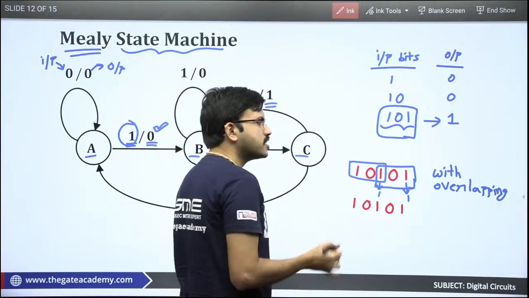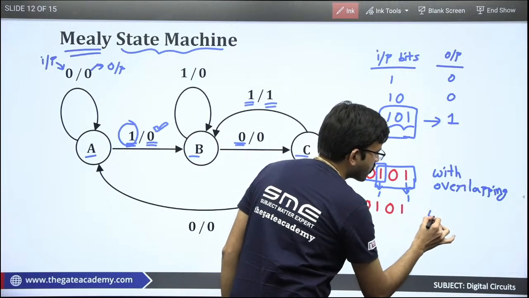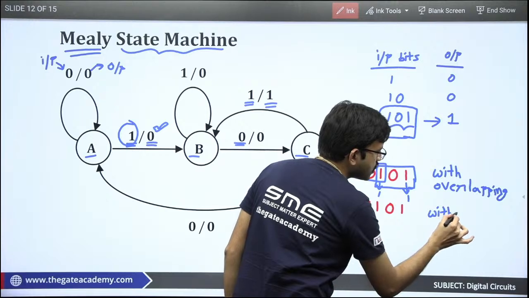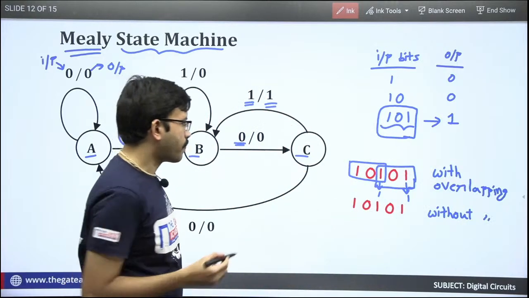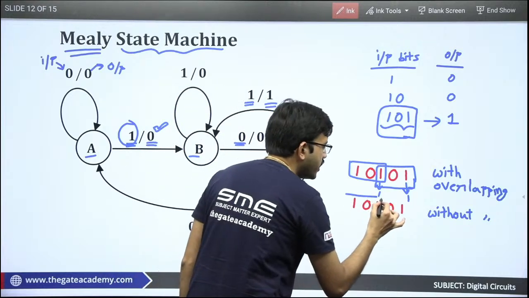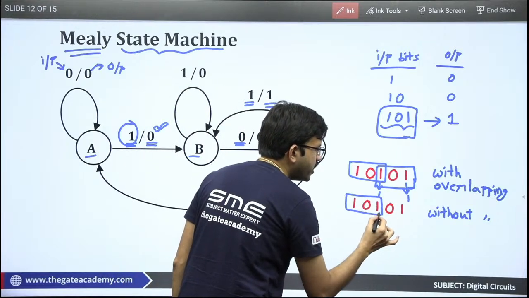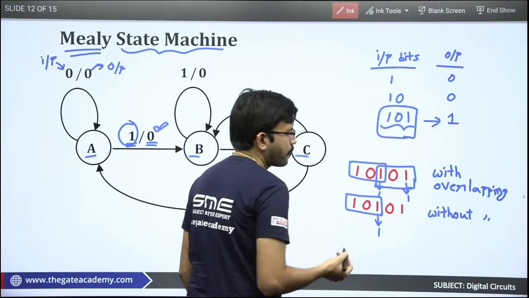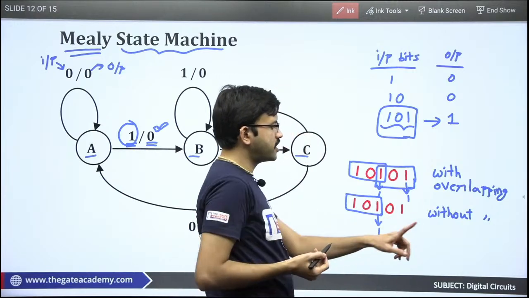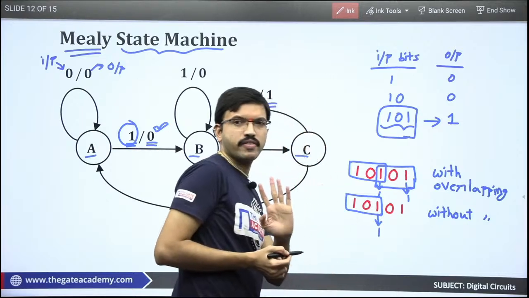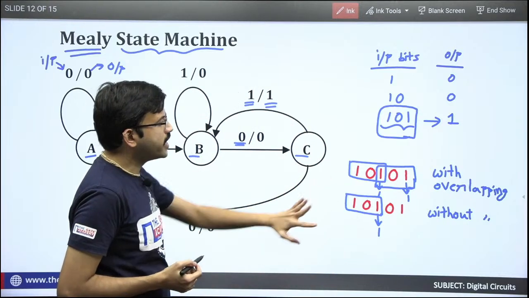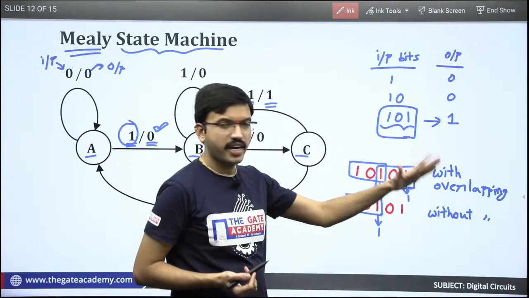Now suppose it is without overlapping, if the sequence detector is detecting without overlapping, then in that case here 1 0 1, here you got one sequence, output is 1. Here you won't get output as 1 because the next sequence starts from here, only 0 1 you are having. So that is the difference between with overlapping and without overlapping.